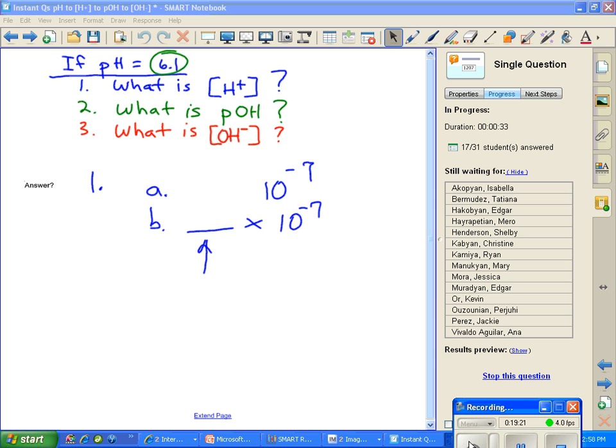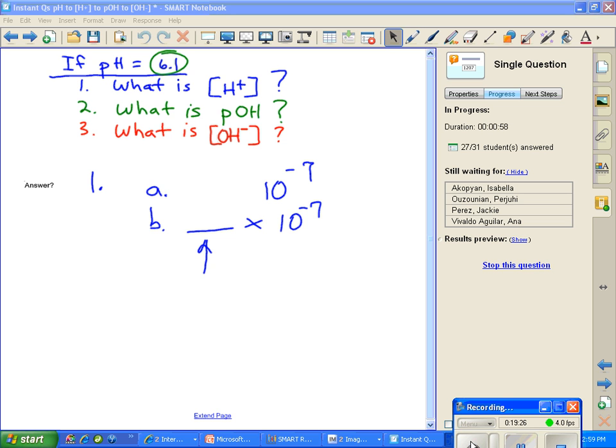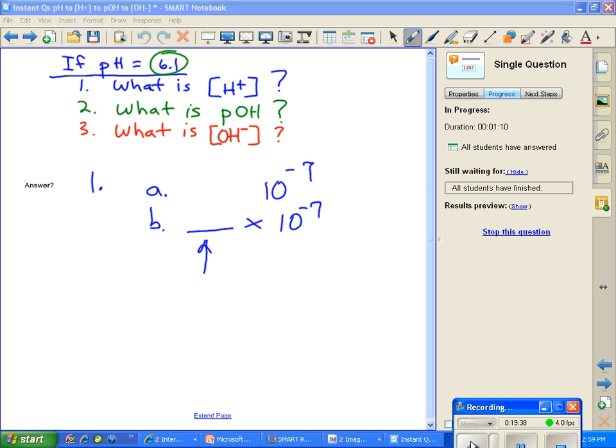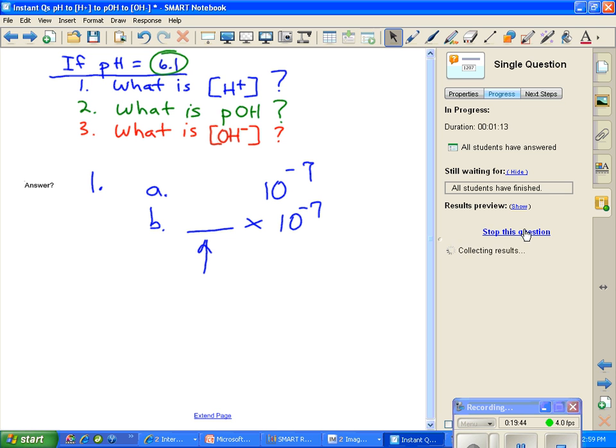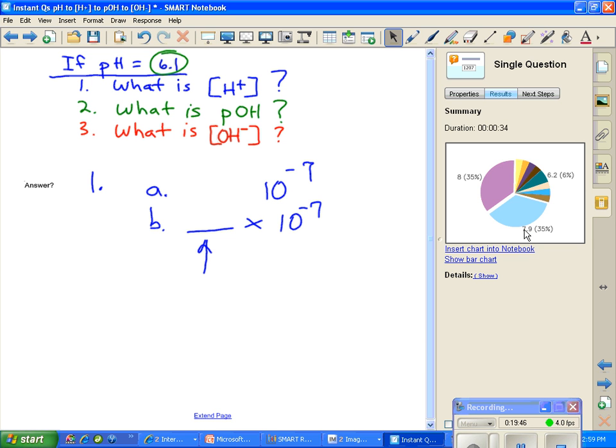This is the time you want to pause the recording so that you can work this out for yourself and then see the answer. All right, let's see how we did.